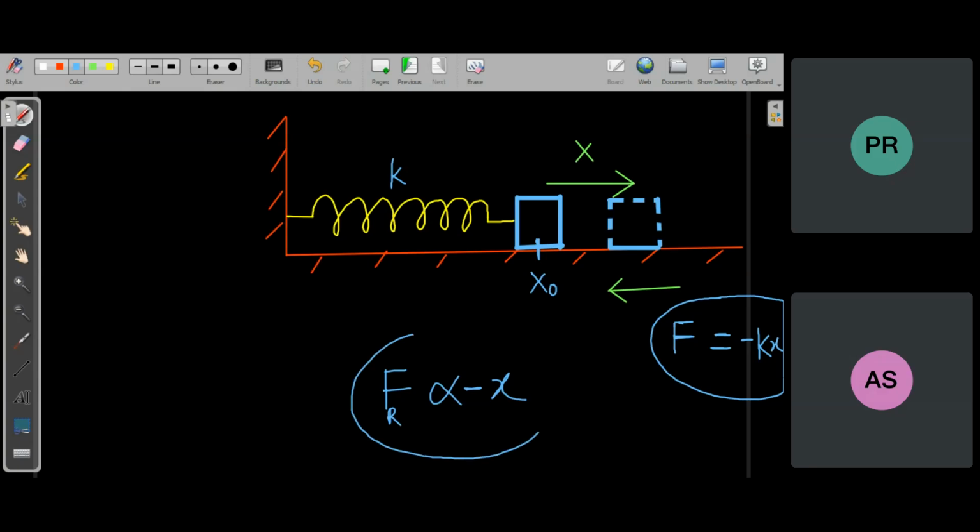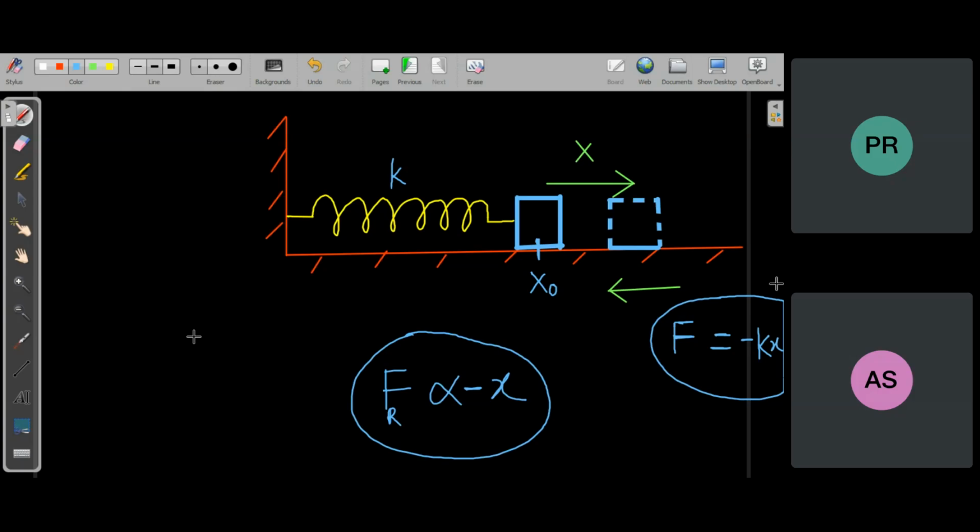If this condition is satisfied, and the restoring force acting on a particle is directly proportional to the displacement from the mean position and opposite to its direction, then and only then we will say that the motion of the particle is SHM.